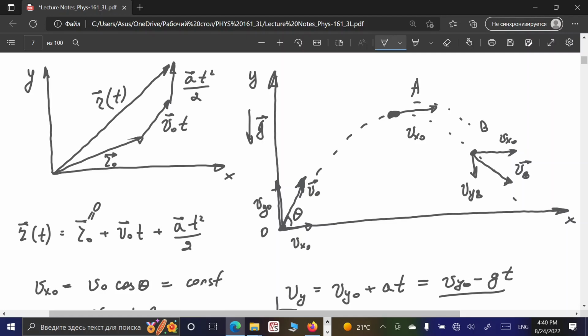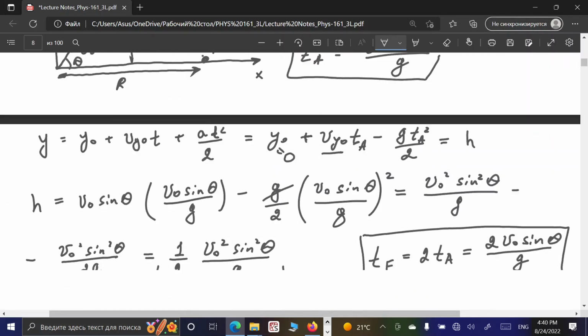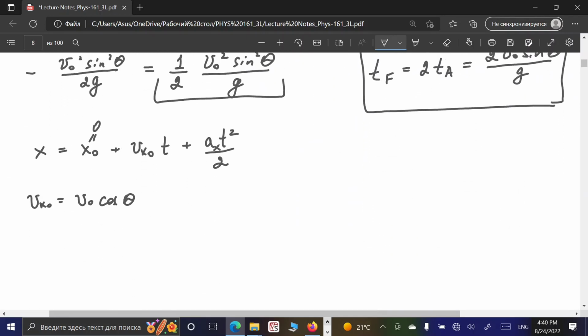So once we discuss this part, we can come back and write that Ax is equal to 0, because the projection of the free fall acceleration vector on axis x is equal to 0. So eventually we have position x equal to v naught times cosine theta times t.